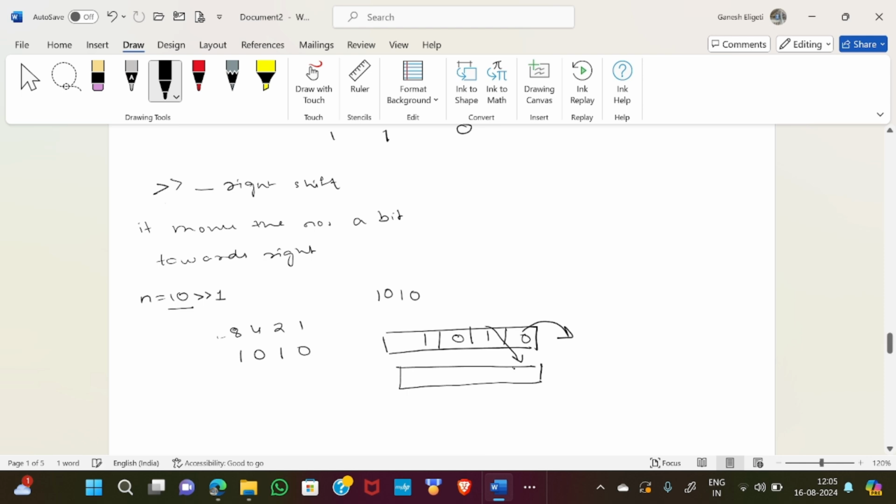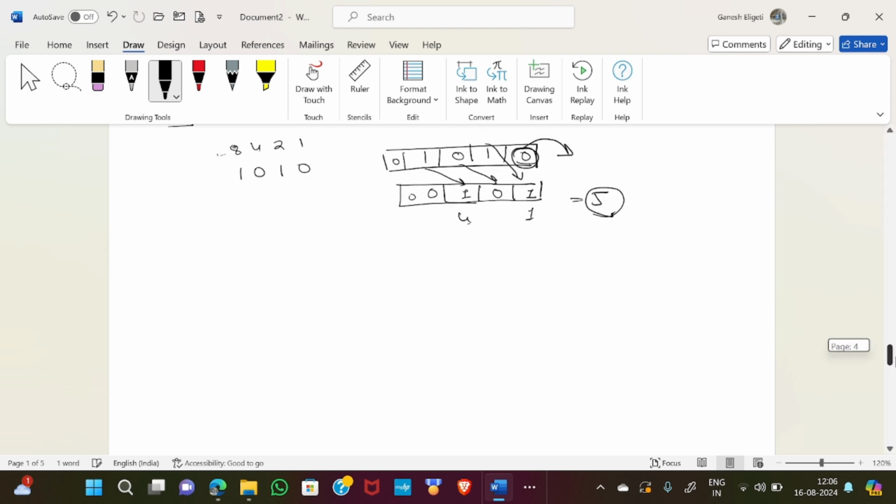This goes in the zero's place, and this 1 comes here, and all these are of course zeros. So this becomes 4 and 1, right? So this becomes 5. So when you do right shift, it decreases.